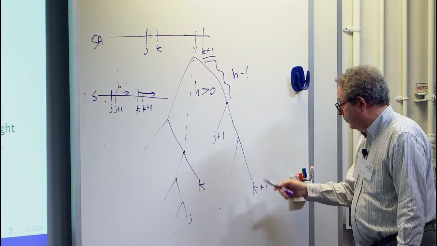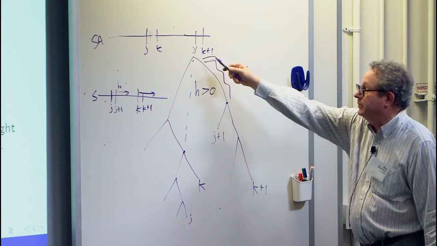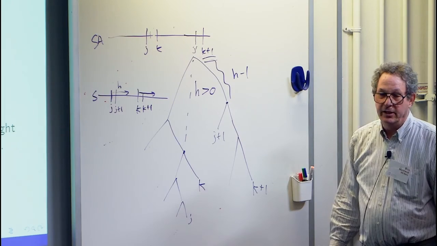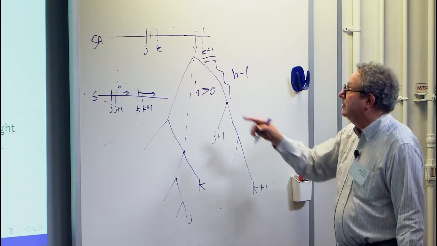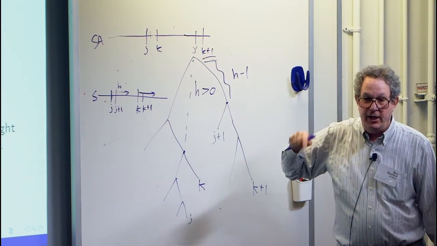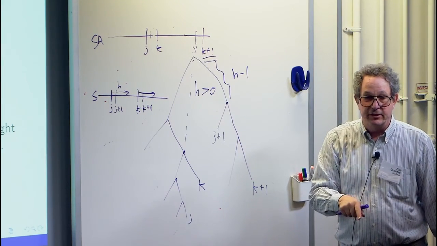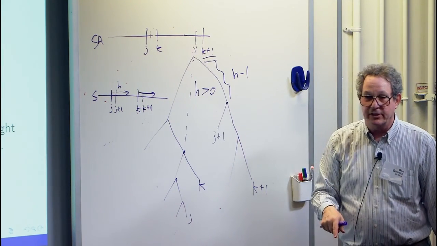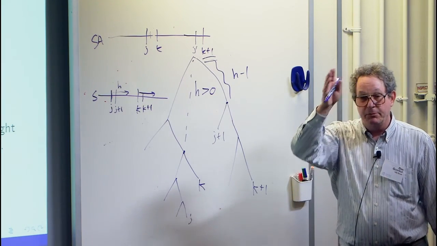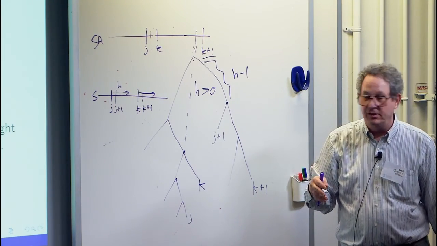Now, where in this picture, this is the punchline, where in this picture is j prime? Okay? J prime, remember, is the predecessor of k plus 1 in the suffix array. So j prime is the leaf that you visit before you visit leaf k plus 1. Okay? Remember, to get the suffix array, you're doing a lexicographic depth first traversal.